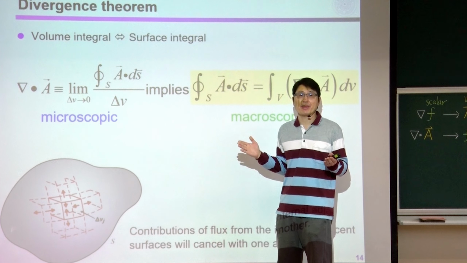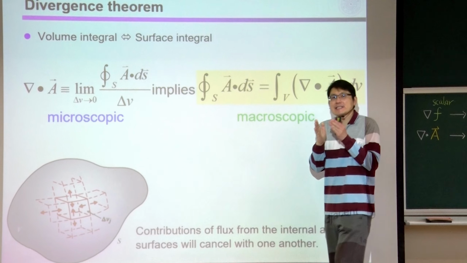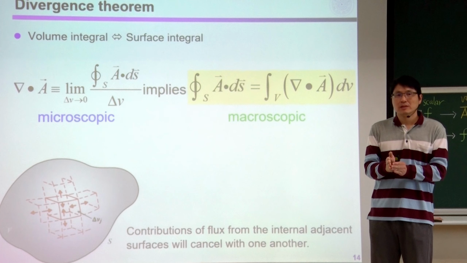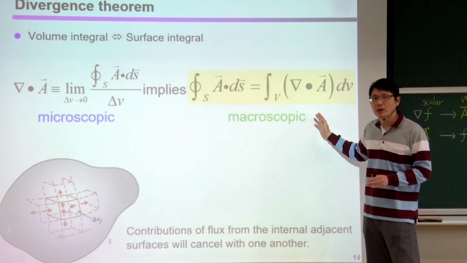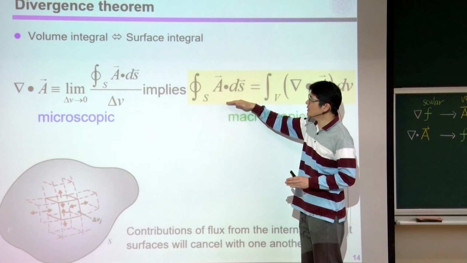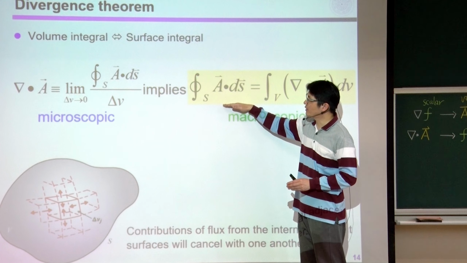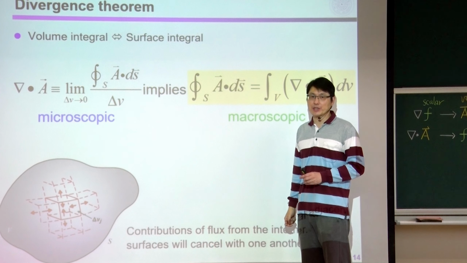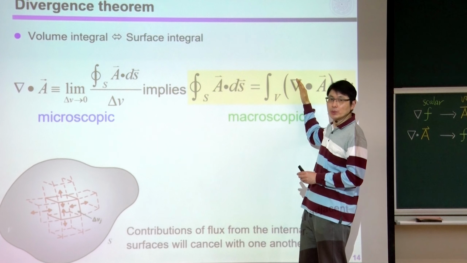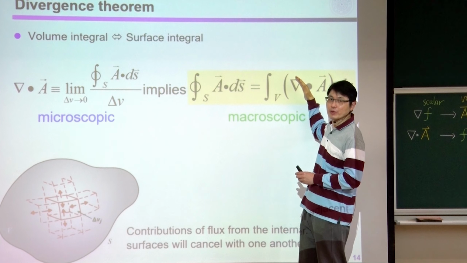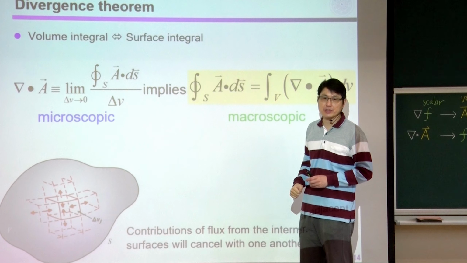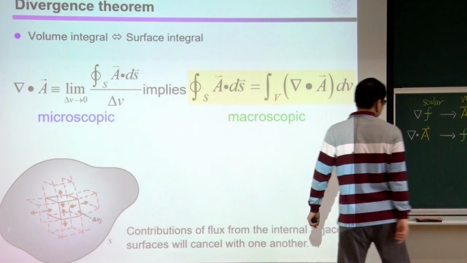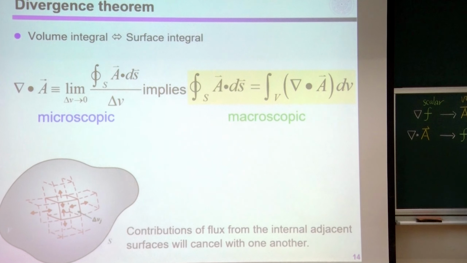You arrive at the same thing. So that's the real physical meaning of divergence theorem. These two are equal, so you can easily and quickly arrive at the same result only by performing surface integration. So you reduce your integration dimension from three-dimensional to two-dimensional. Why is that valid?